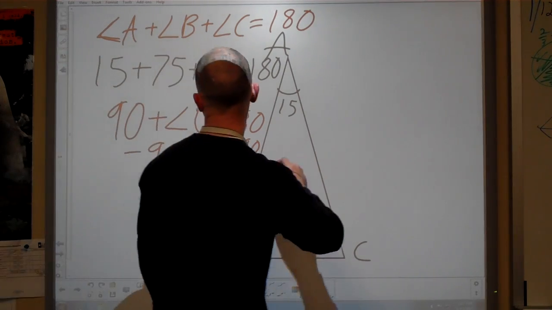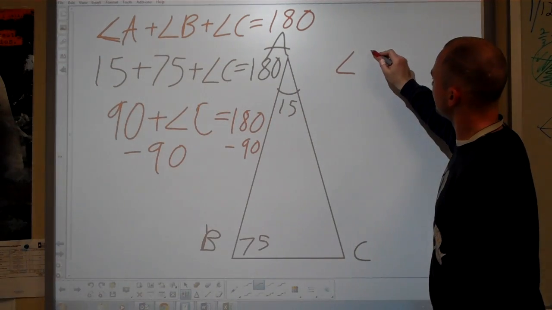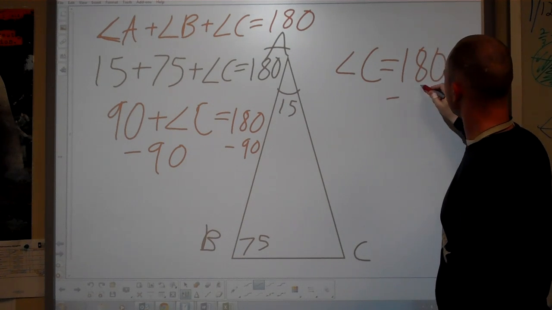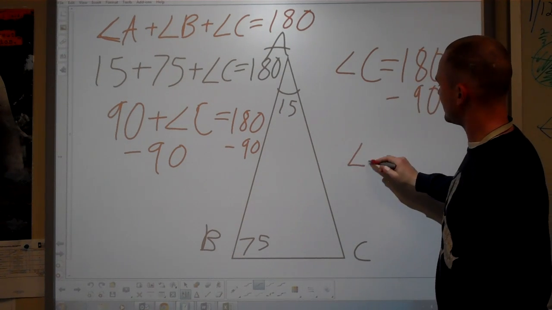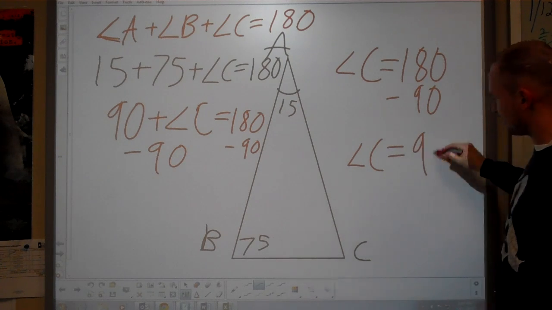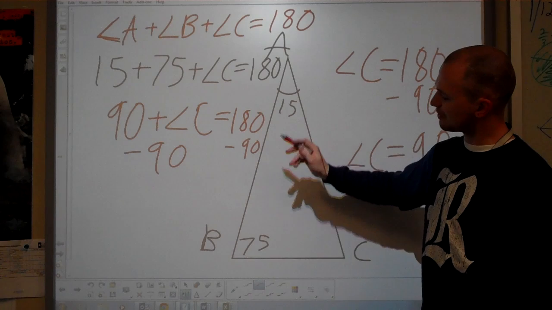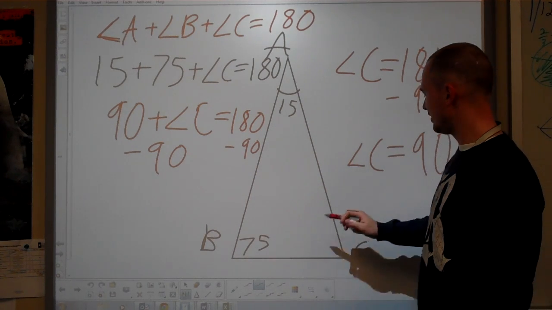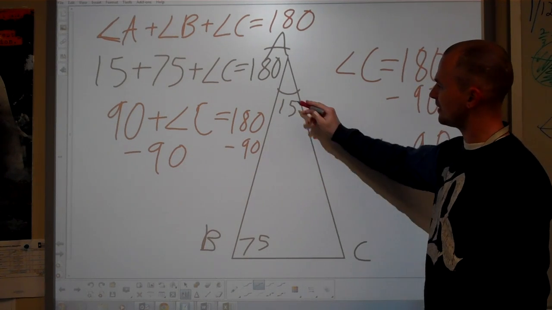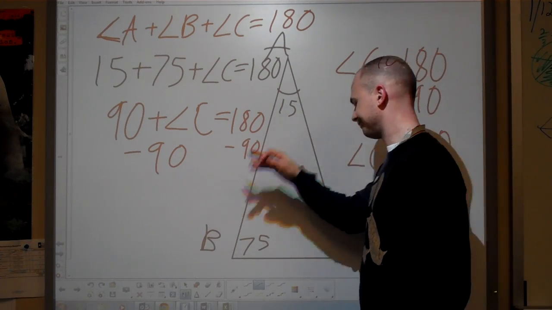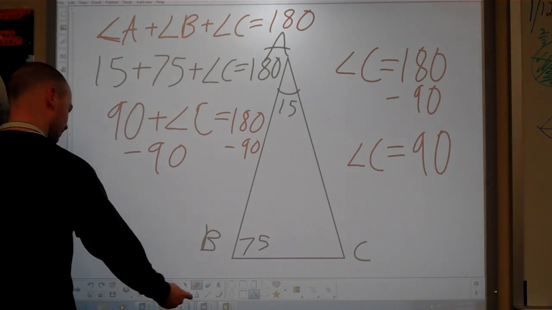So I get angle C equals 180 minus 90. So angle C would equal 90 degrees here. Now that's obviously not 90 degrees, but if this was 15 and that was 75, this would have to be 90. This isn't really 15. This actually looks more like 25. Oh well. Let's do a couple more.